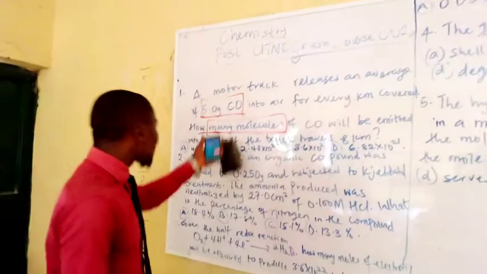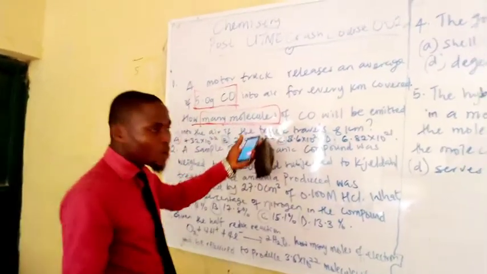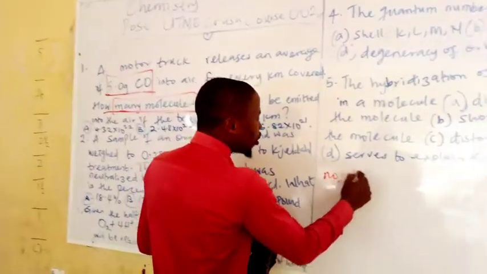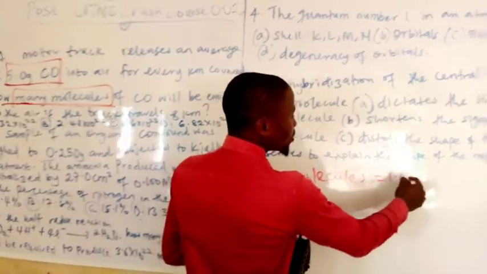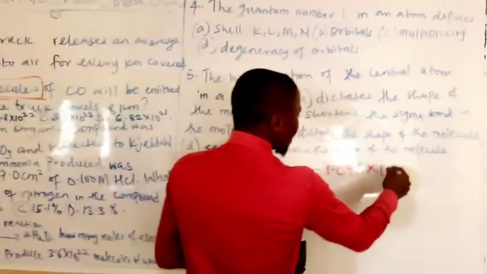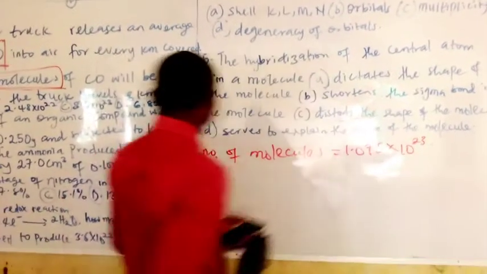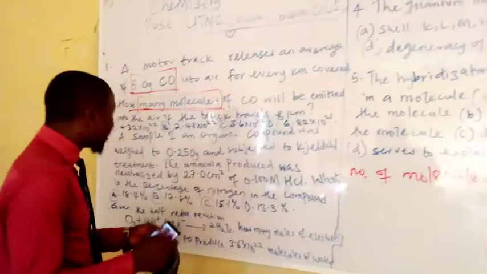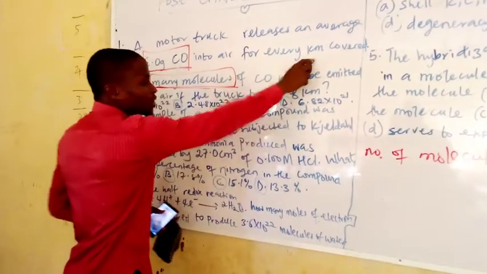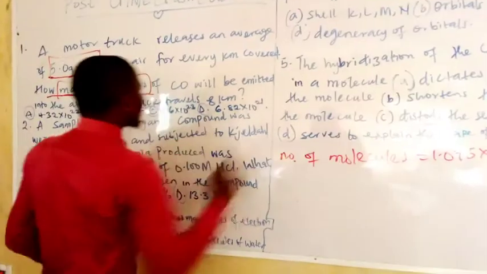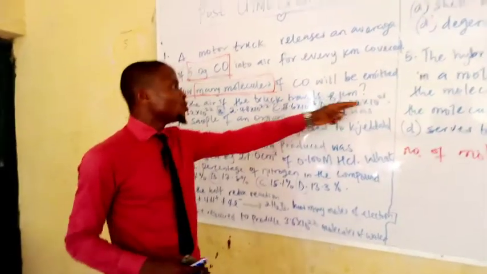In this case, we are asked for how many molecules, the number of molecules. Therefore, the number of molecules is equal to 1.075 times 10 raised to the power 23. Believe you me, what they are talking about here is for every kilometer. We have just calculated for every kilometer. The question says, travels 8 kilometers.